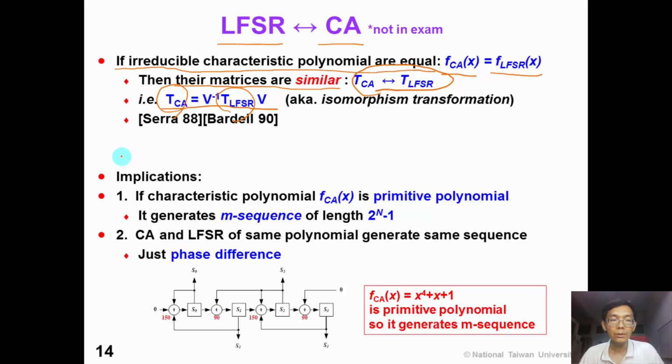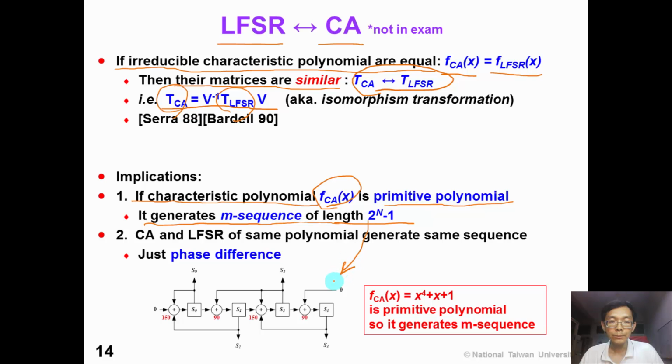The only important thing you need to understand is that if a characteristic polynomial of a cellular automata is a primitive polynomial, then it can generate M sequence and the length is 2 to the power of n minus 1.